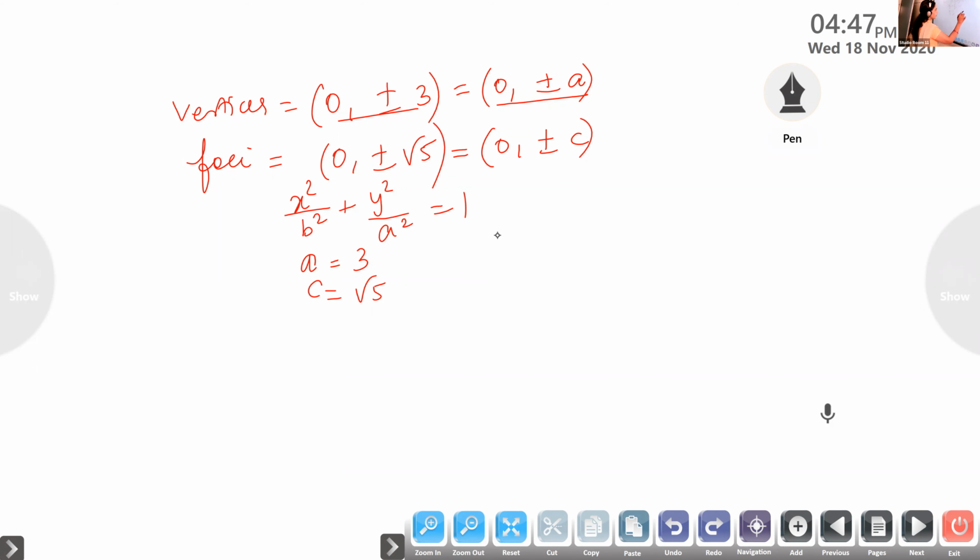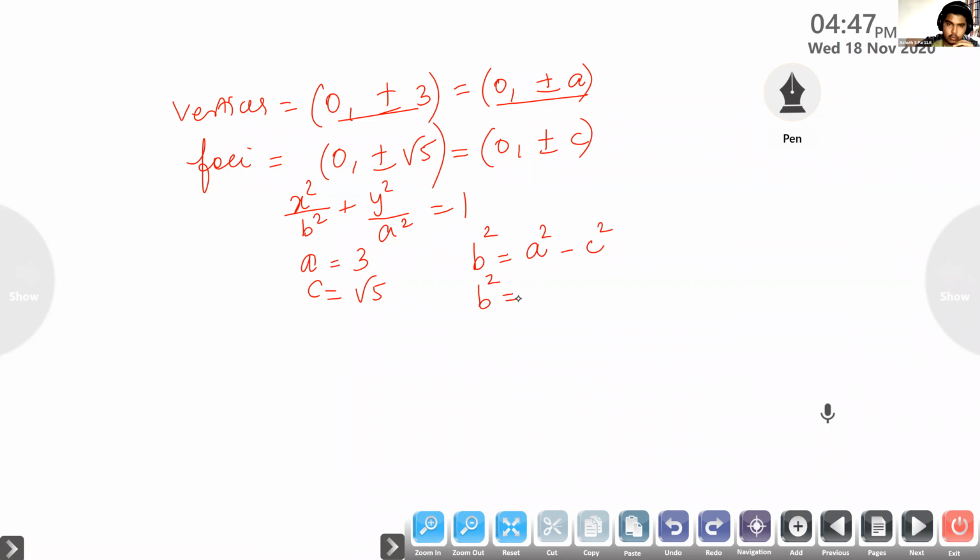So b square will be same as a square minus c square. So Achyut, what is the value of b square? Ma'am, b square equal to a square minus c square. Should I find the answer? Yes, find out and give.